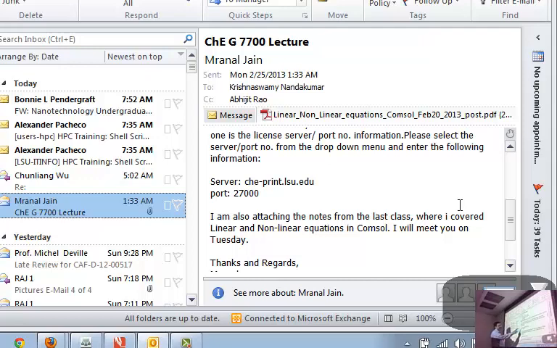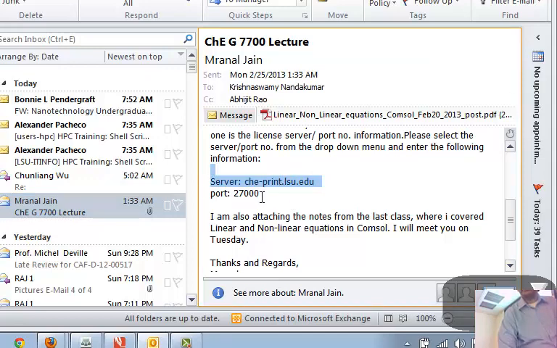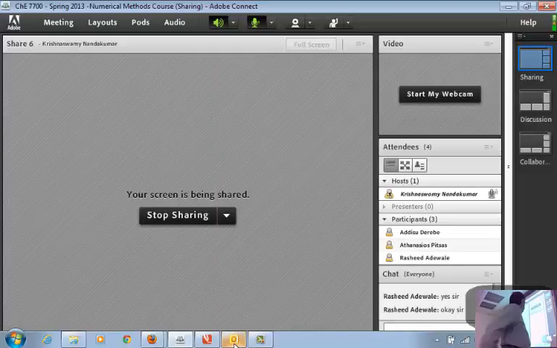One is the server, ChE print LSU. The other one is the port number. If you enter these two, then it will automatically link up your installation with the license, the classroom license kit from there.